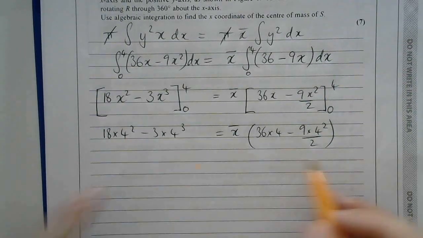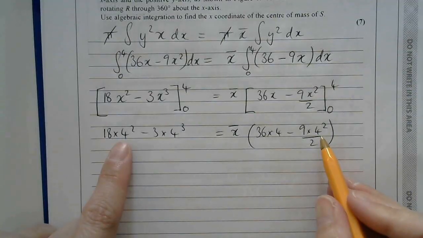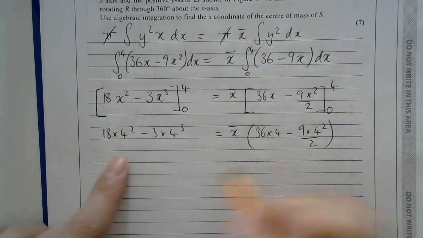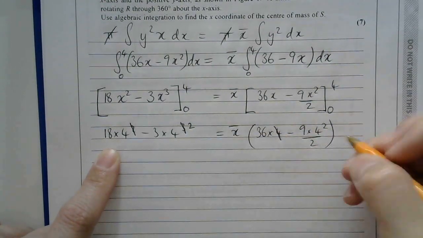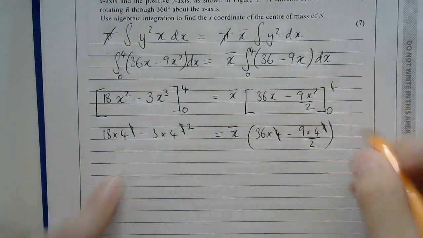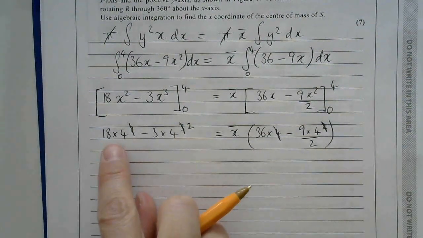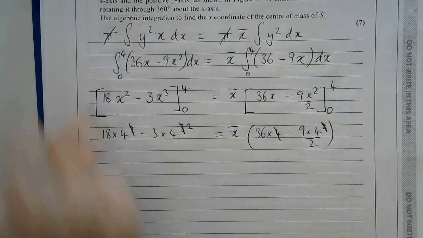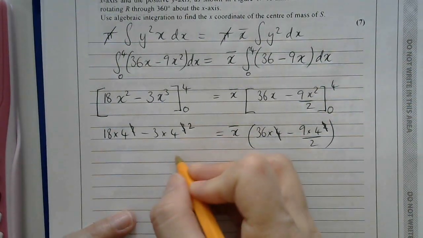There is some nice simplifying that you could do. In fact, because you can see a 4 goes into all of these, I could divide that by 4, divide that by 4, divide that by 4, divide that by 4. And it makes it a little bit simpler. So if I go 18 times 4 minus 3 times 4 squared, here I end up with 24.